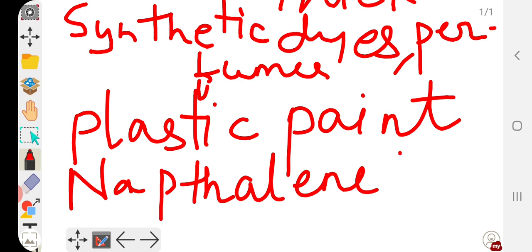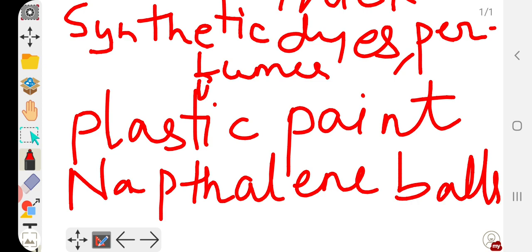So naphthalene balls are also produced from coal tar. Coal tar is used for producing all these substances. So the byproducts of coal are over.